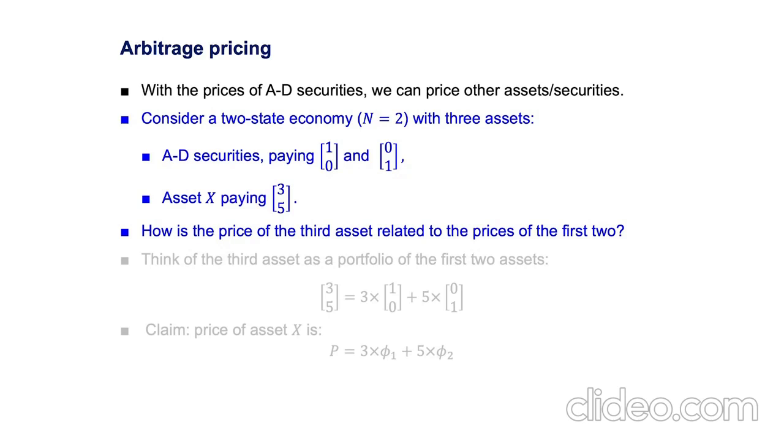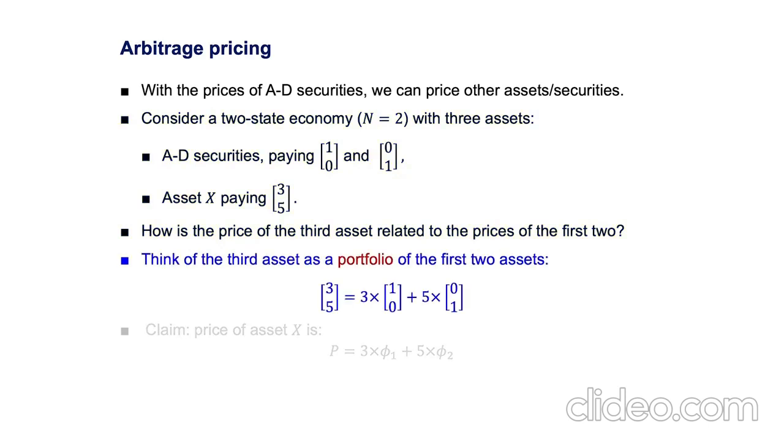The third asset has a payoff X, paying $3 in state 1 and $5 in state 2. The question is, how is the price of the third asset related to the prices of the first two, namely the two Arrow-Debreu prices or two state prices?